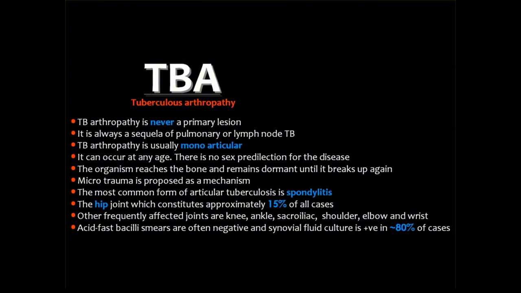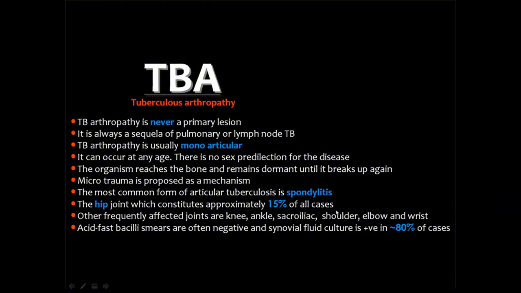Then we came to tuberculous arthritis, and this is, according to the literature, never a primary lesion. It is almost always secondary to pulmonary or TB lymphadenopathy, and it is usually monoarticular, occurring at any age with no sex predilection.